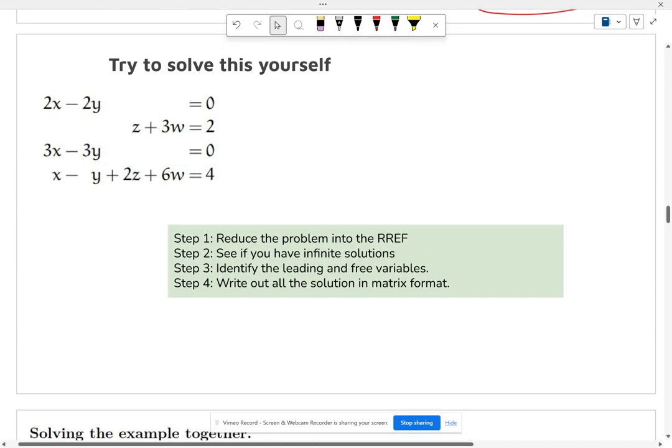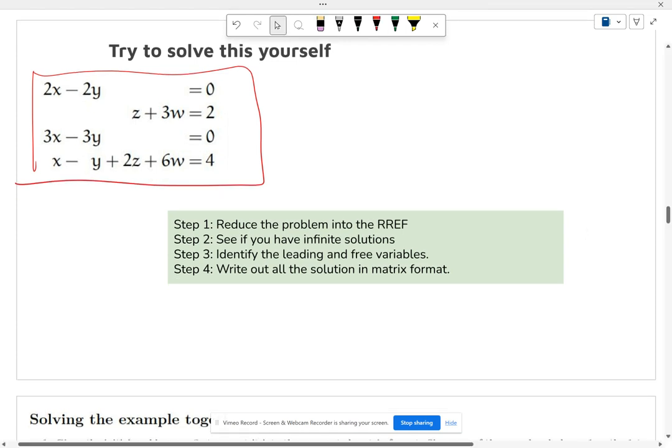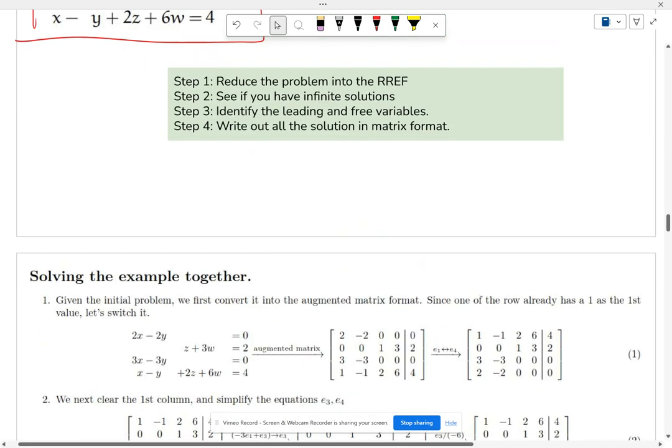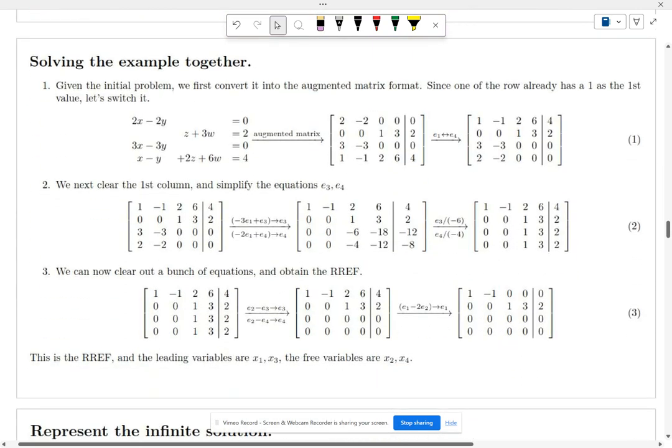Now, you want to pause the video and give this a try. Here's another example with infinite solutions. Pause the video because I'm moving on. So over here, the idea is pretty simple.